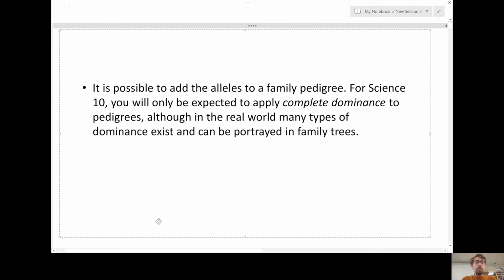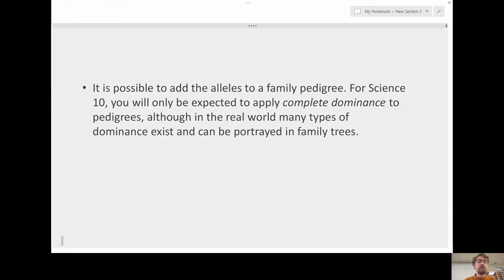Right, so we're going to keep moving on with our genetics and how traits are passed along. We're starting on page 36, with a quick note on connecting pedigrees to alleles.